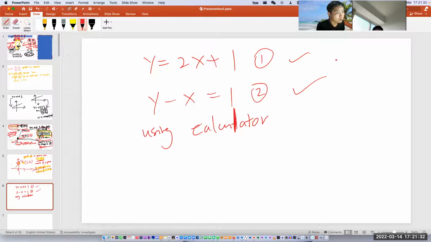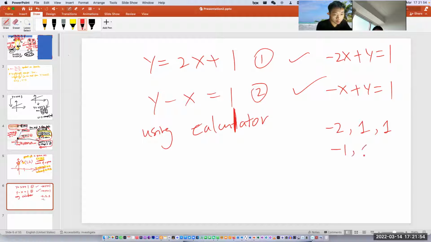Equation 1 becomes minus 2x plus y is equal to 1, and equation 2 becomes minus x plus y is equal to 1. So you key into the calculator minus 2, 1, 1 for the first row, and then negative 1, 1, 1.